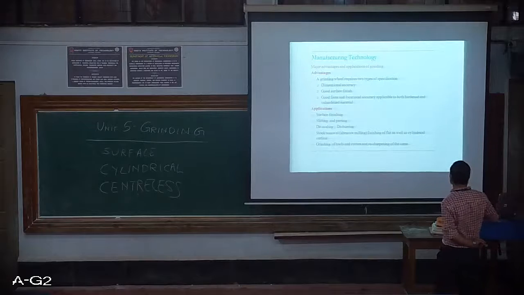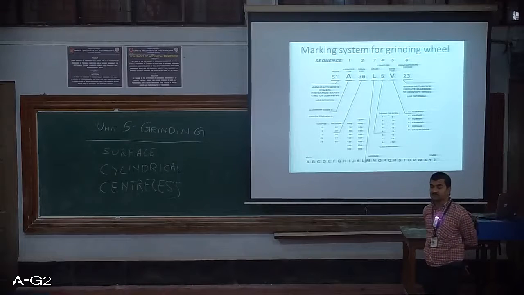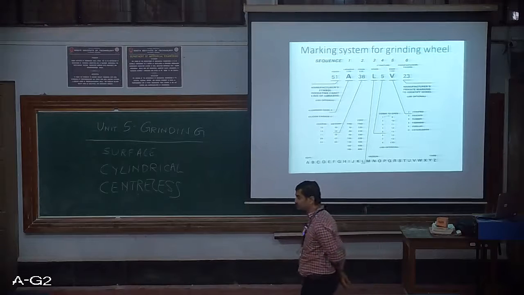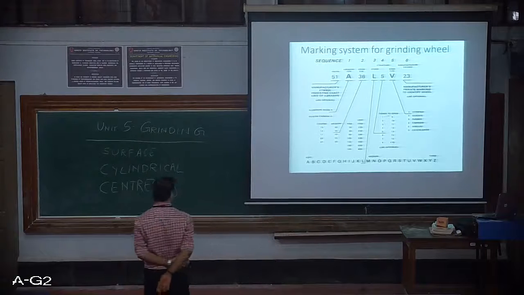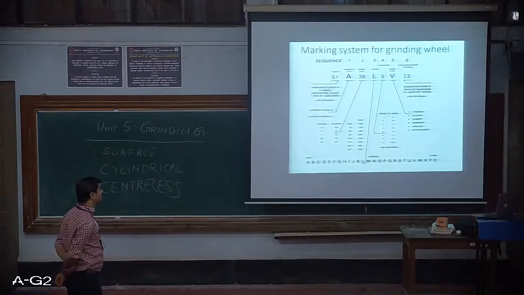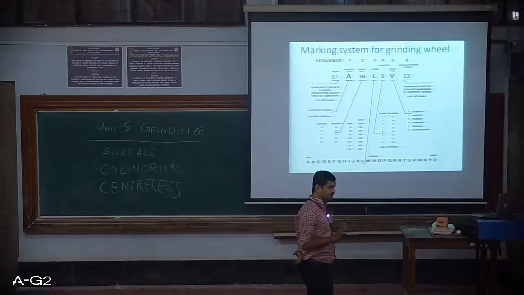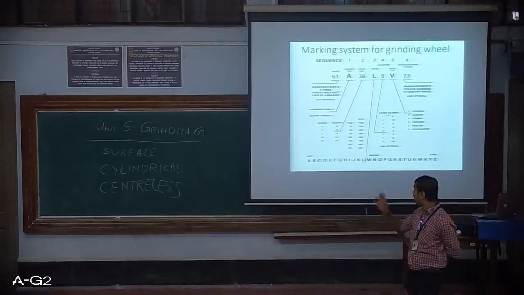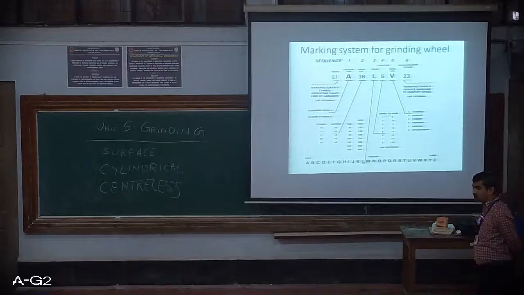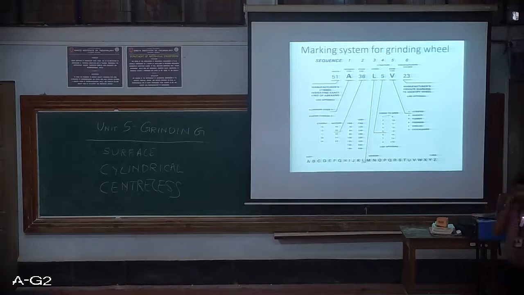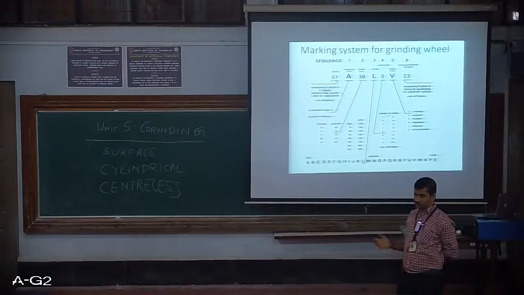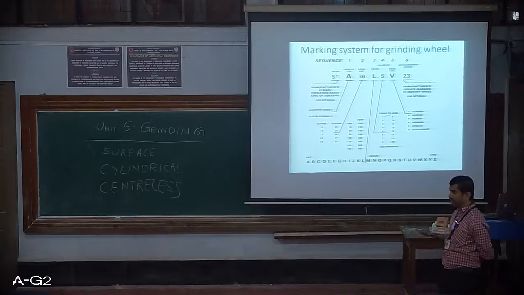The last is the marking system for grinding wheel. I was telling you, explain the nomenclature of a grinding wheel or the marking system of a grinding wheel. Suppose you want to buy a grinder, then on it there will be a strap on which this nomenclature is given. What is that nomenclature and what are the terms in it? We have studied all those: grit, grade, bonding, size, and so on.